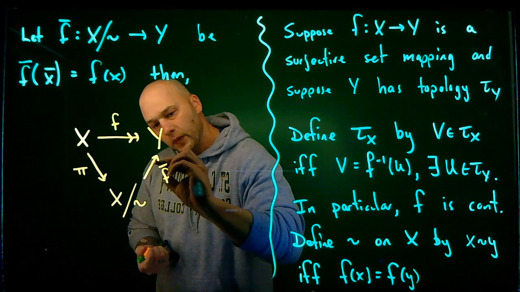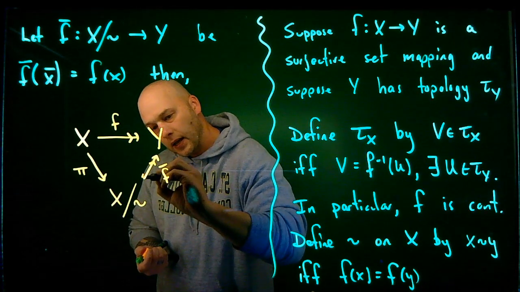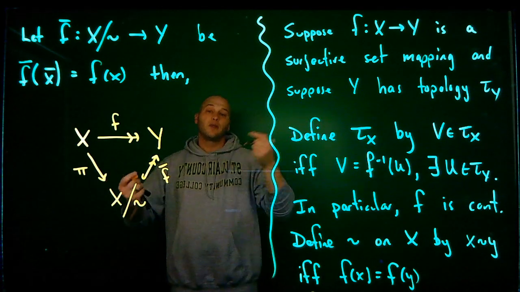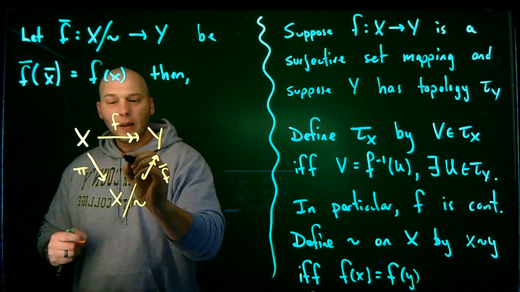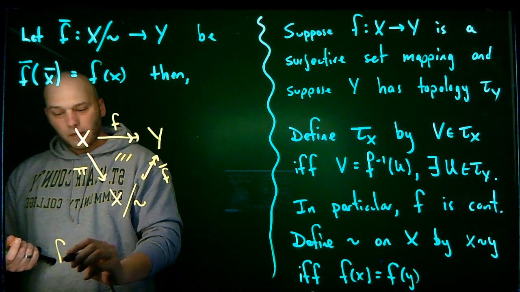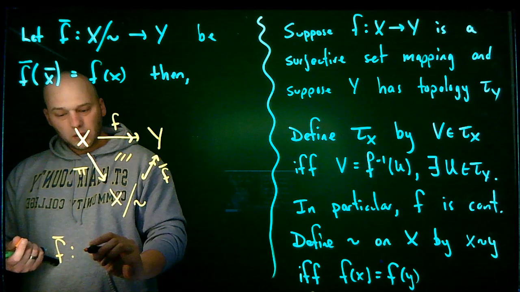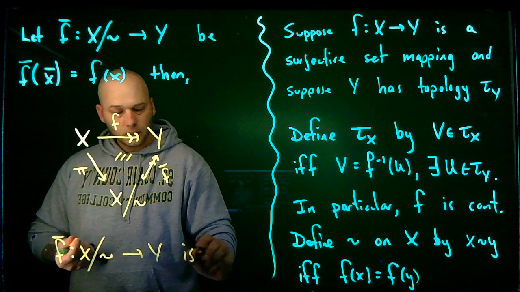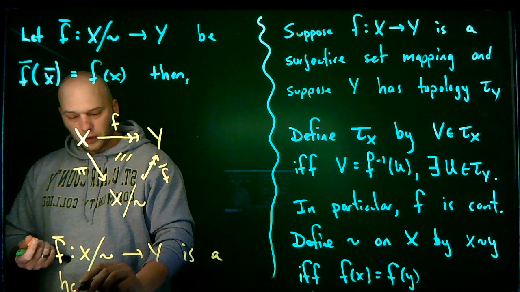Not only that, it is also a surjection and is continuous, and its inverse is continuous. Therefore, this gives me not only a commutative diagram, but f bar, which takes the quotient of X to Y, is a homeomorphism.